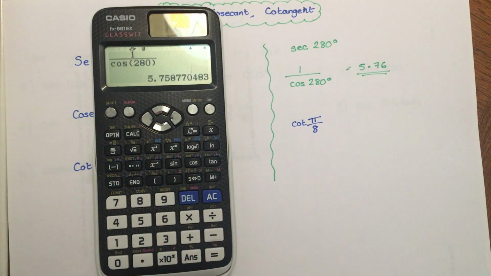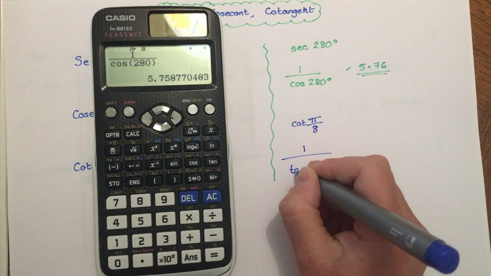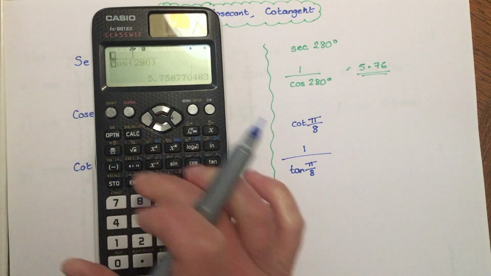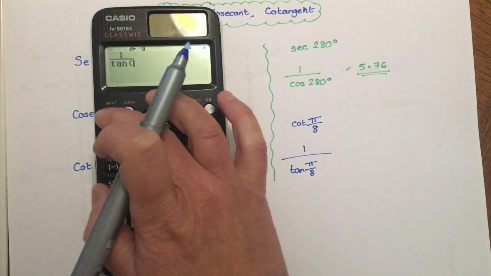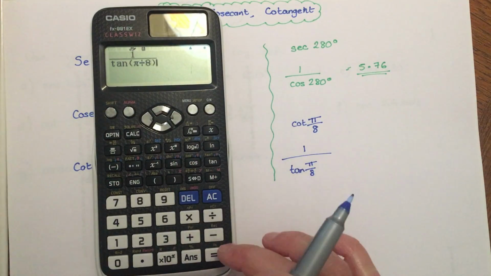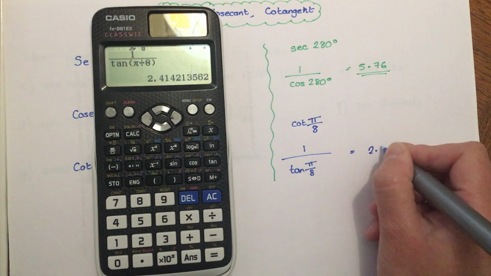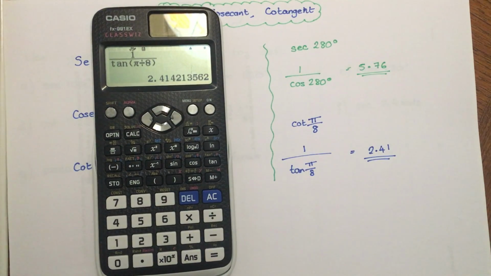Cot is 1 over tan, so I know that I'm looking at 1 over tan pi over 8. And you can put that into your calculator. 1 over tan pi over 8, and we get 2.41. And that's really all there is to it, in the first instance anyway.